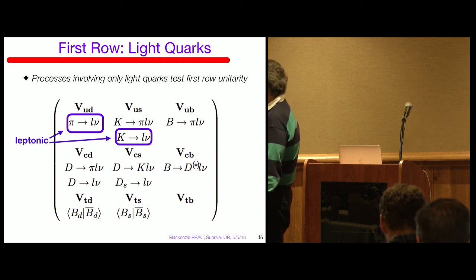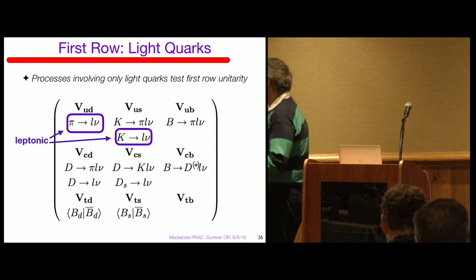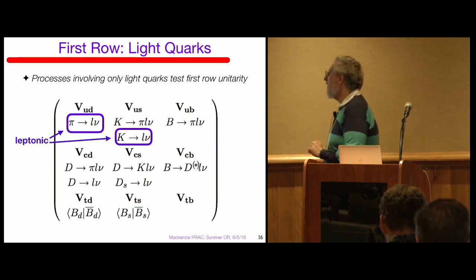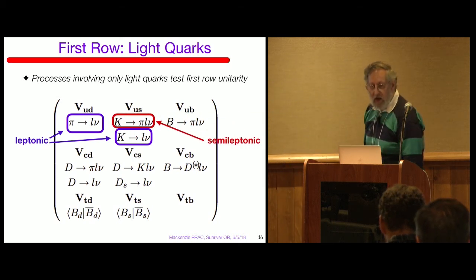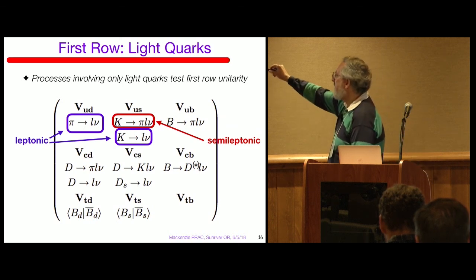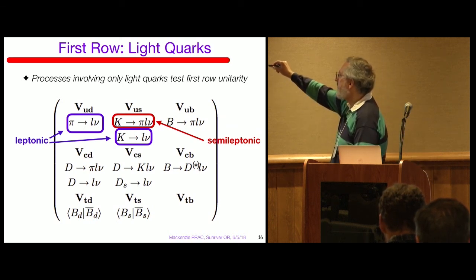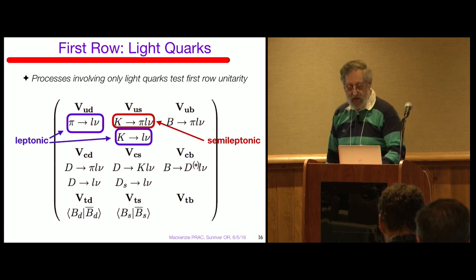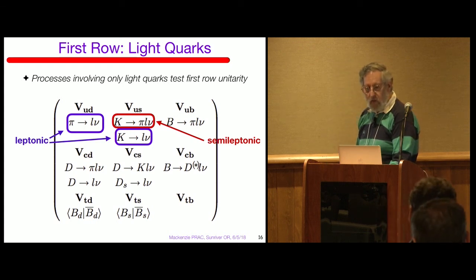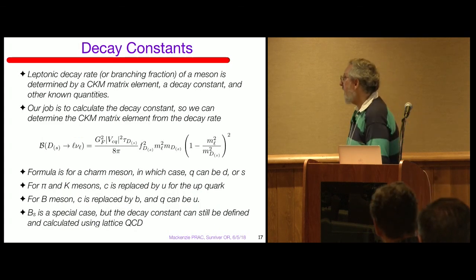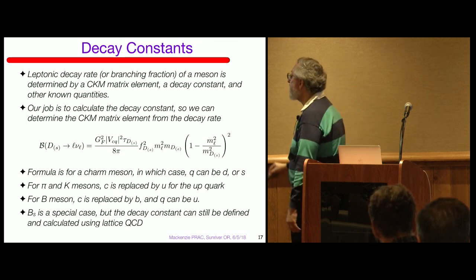So these are called leptonic decays, where we have a charged lepton and a neutrino in the final state. And then this is an example of a semi-leptonic decay where there's a strongly interacting particle, a pion, in the final state. And so we use Blue Waters to study the theory of these processes.